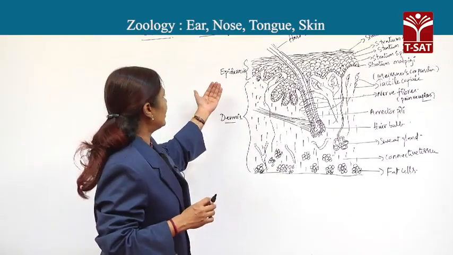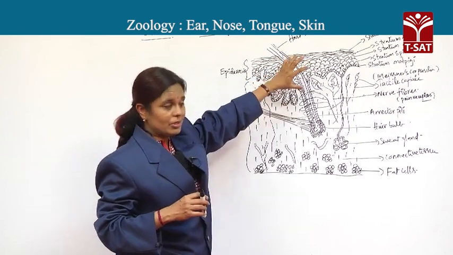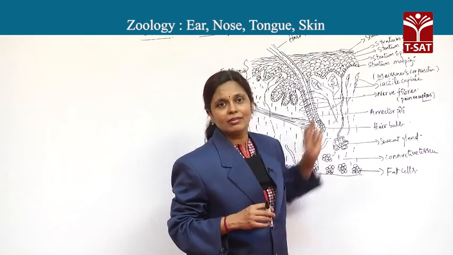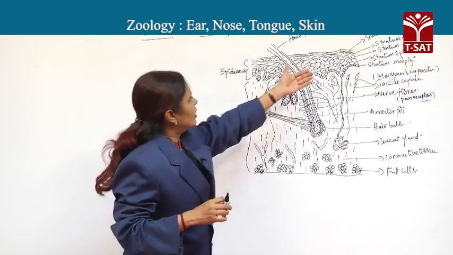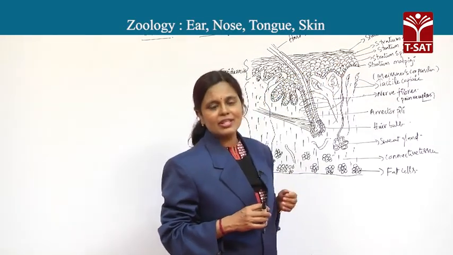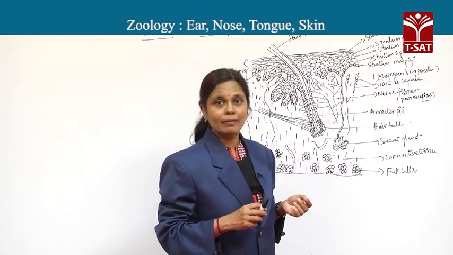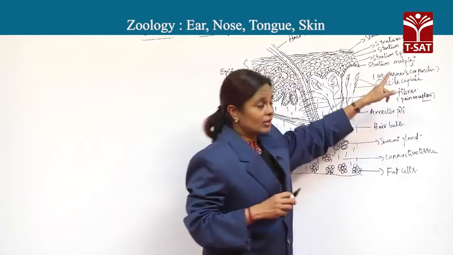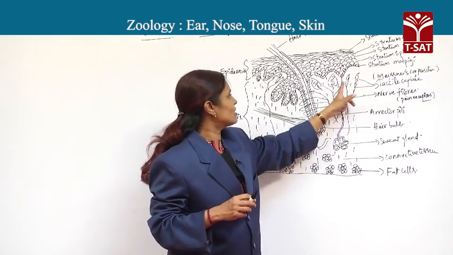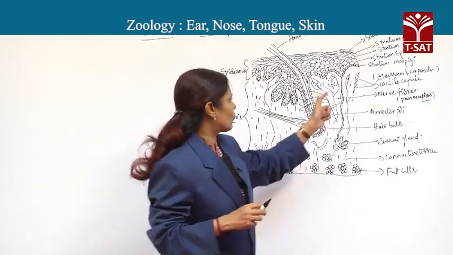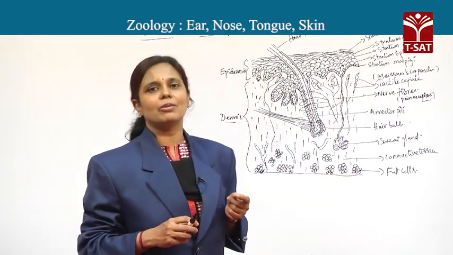Now, we can learn the structural details of the epidermis here looking at the diagram itself. In general, you find around 5 different layers in the epidermis, which is made of epithelium. To begin with, the first and the basic layer of epidermis that rests on a basement membrane, you call it stratum malpighi or stratum germinativum.